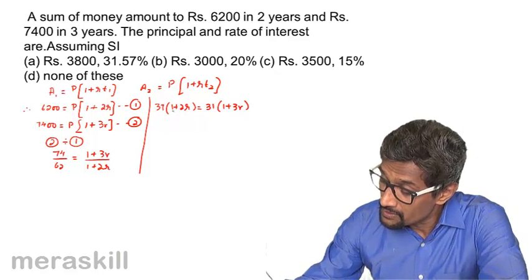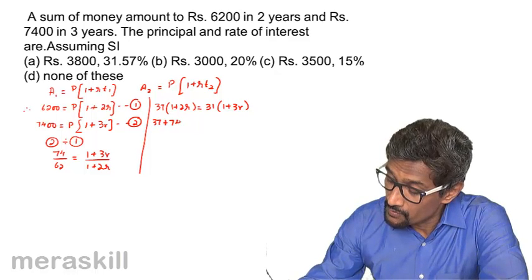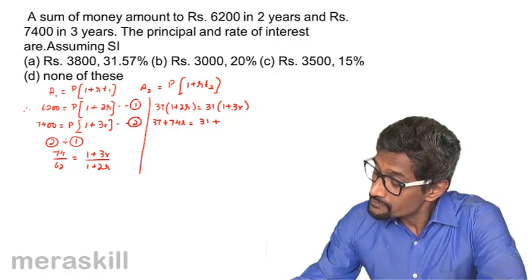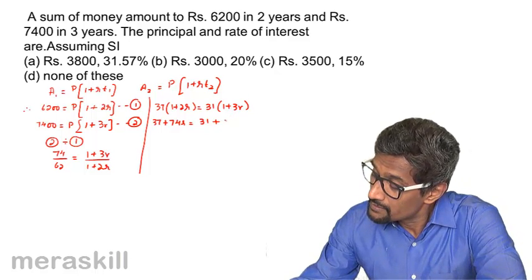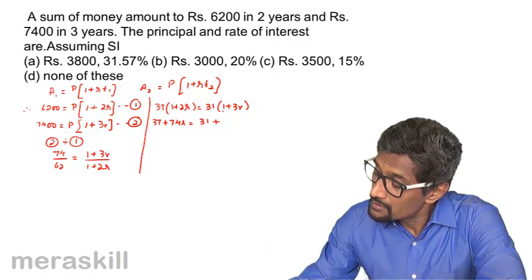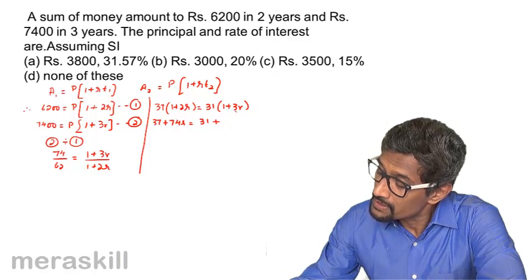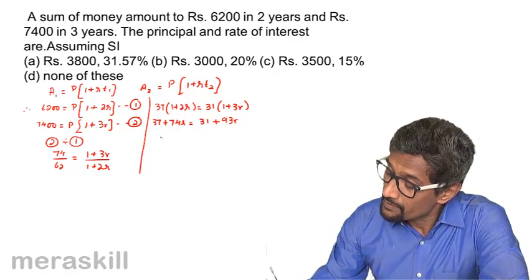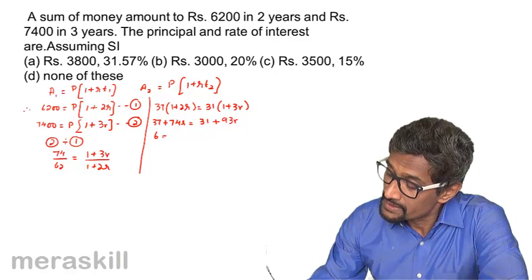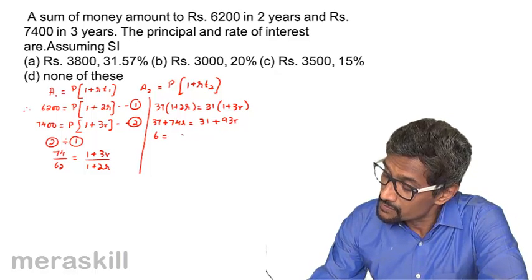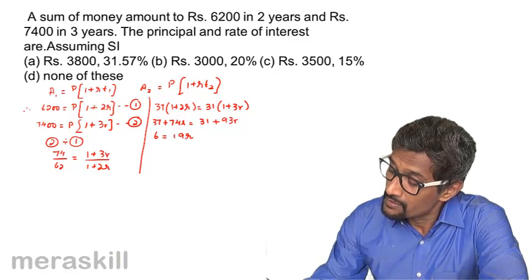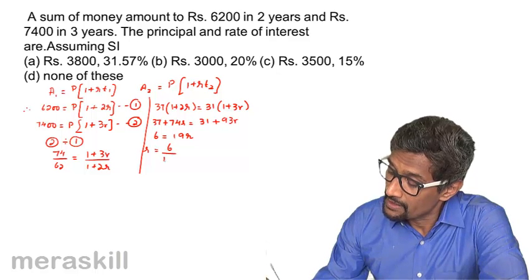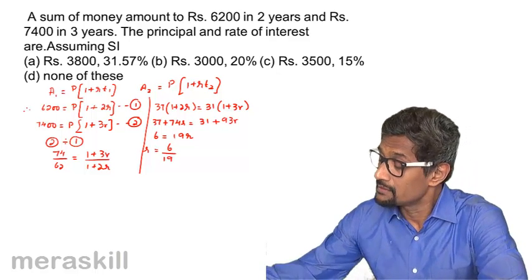That turns out to be 37 plus 74R is equal to 31 plus 93R. So we have 37 minus 31, 6, and here we have 93 minus 74, 19R. R turns out to be 6 by 19.